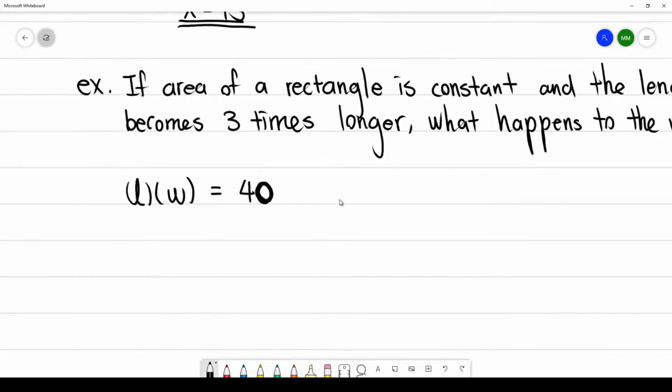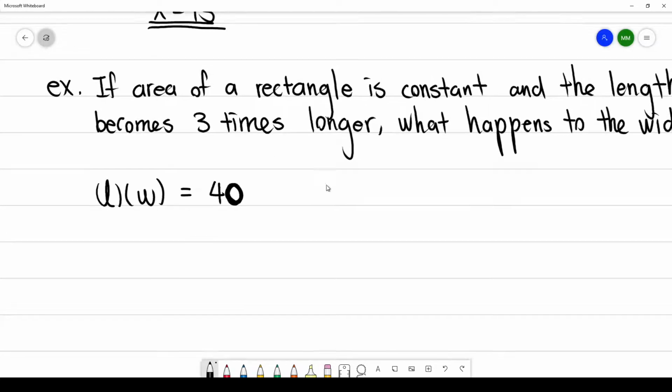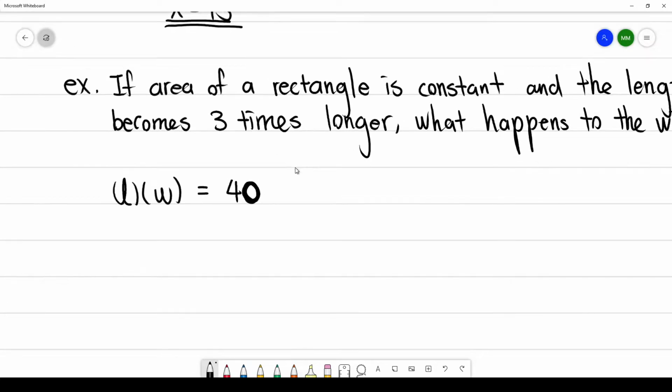So now the length becomes 3 times longer. So what does that mean? That means it becomes 3L, right? 3 times L. But remember that length times width is always equal to 40. But if I just do 3 times L times W, what is this equal to?